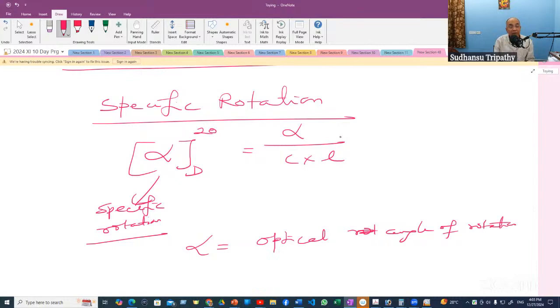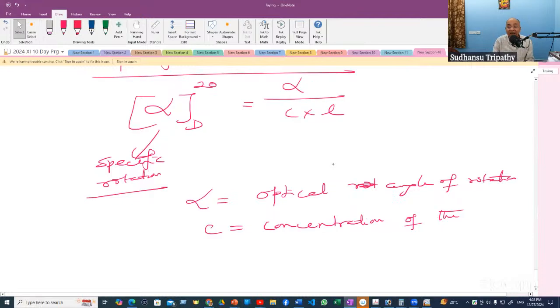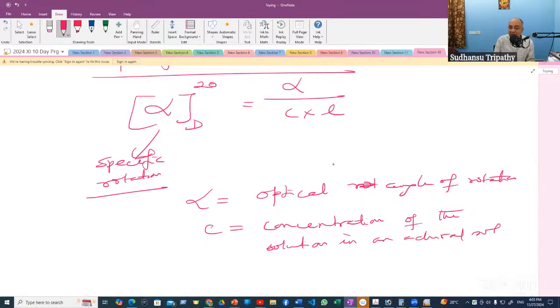But you have to make it for unit concentration and unit path length. c is the concentration of the solution in an achiral solvent. Water is achiral; the solute is chiral, but you have to take a solvent which is achiral. It is measured, interestingly, in gram per milliliter.